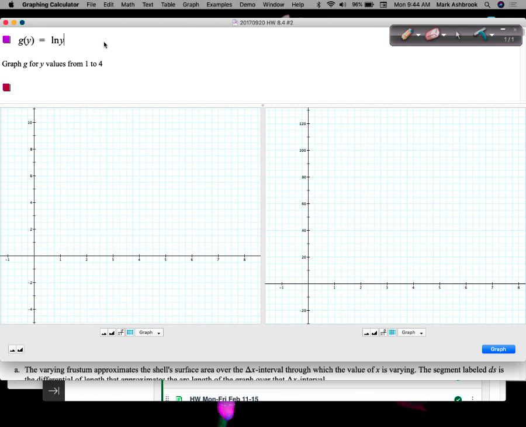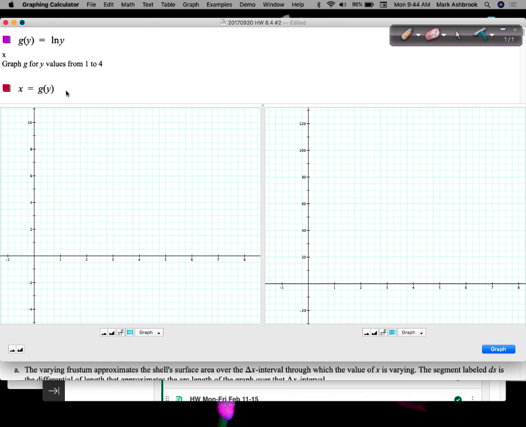So where do we want g of y to be? That's the dependent variable, the output, and we want that on which axis? X. So we want x to be g of y. That takes all the output of this function, the dependent variable, and puts it along the x-axis, and makes the independent variable the y-axis.